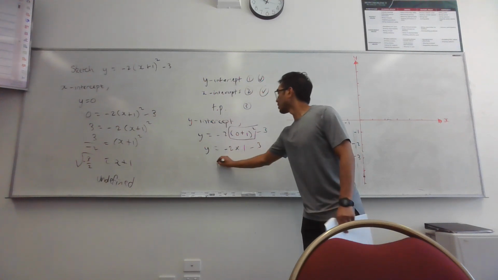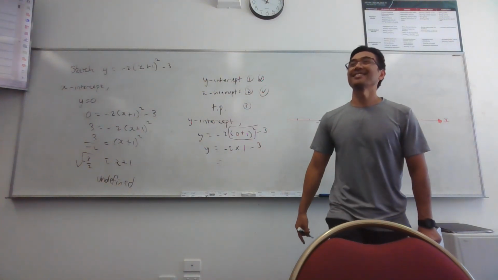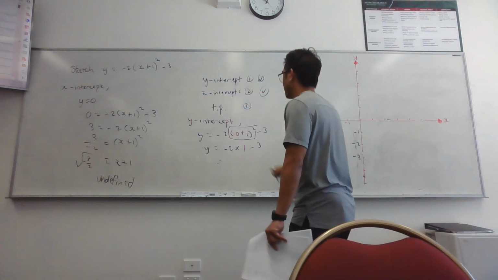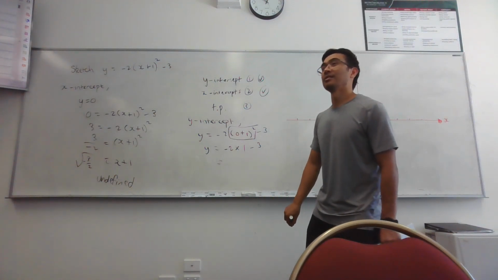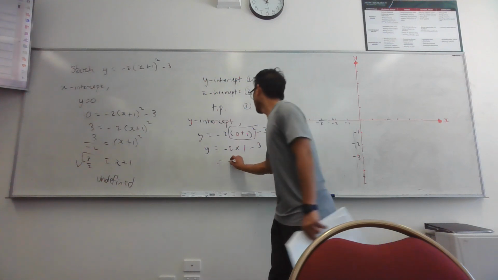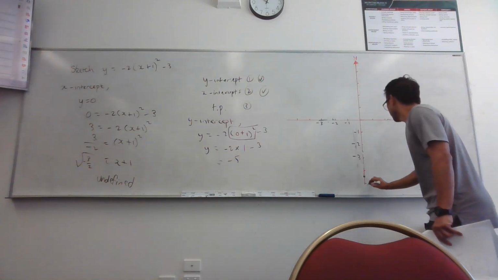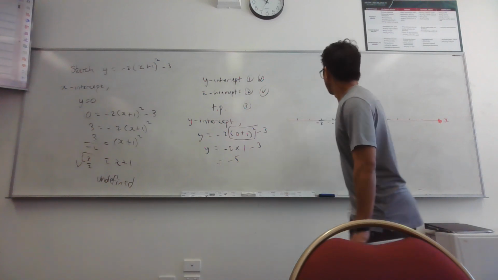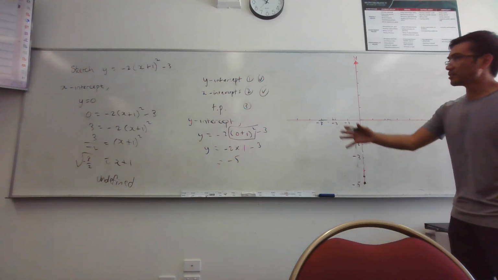What's -2 times 1, Hudson? So -2. And -3. It's not 5. So down here, -5. Okay. So we have a y-intercept.